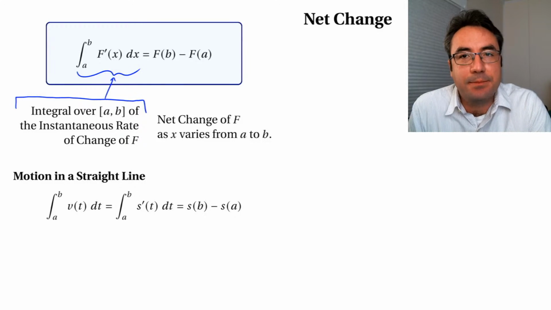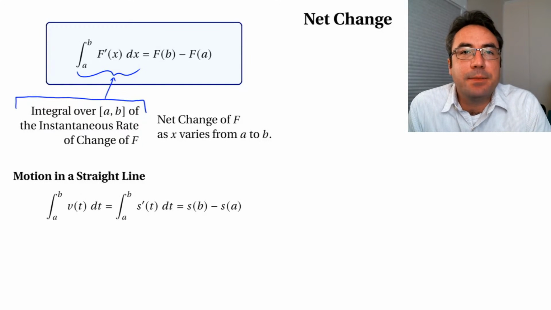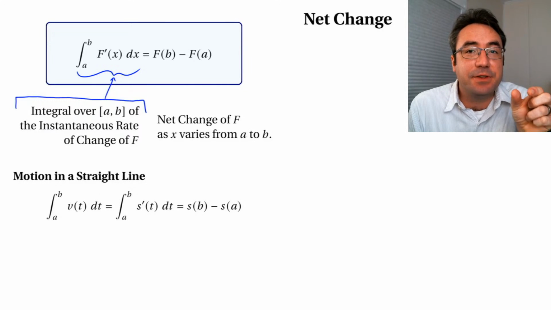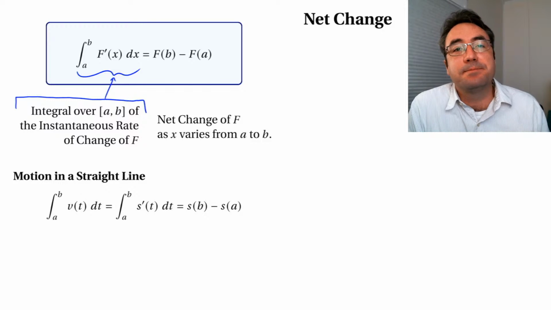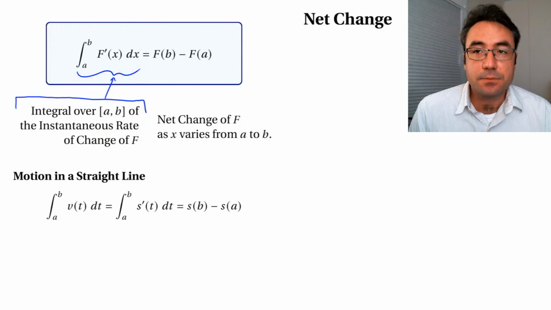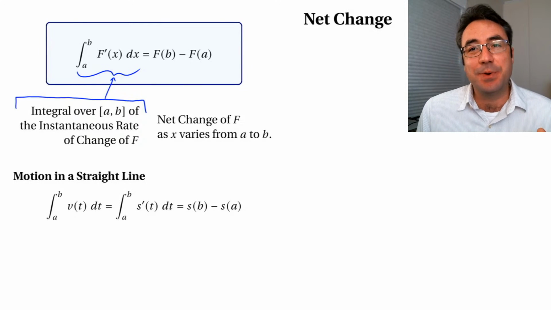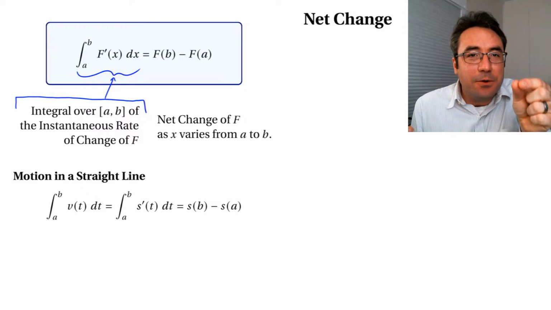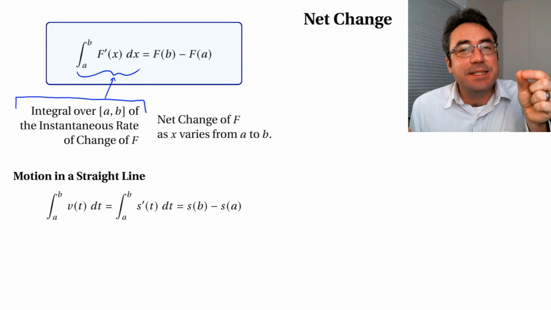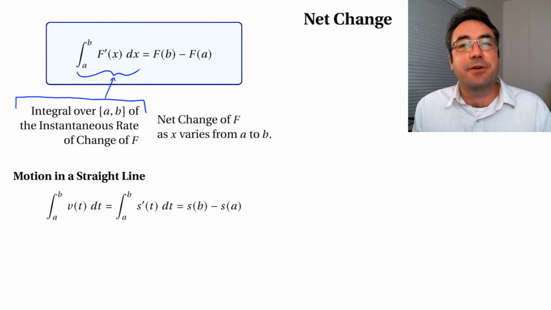So f prime, going back all the way to the beginning of the semester, the derivative, describes how our function f is changing at every single instantaneous moment. What this definite integral does is take into account all those little instantaneous changes in our function and put them together.